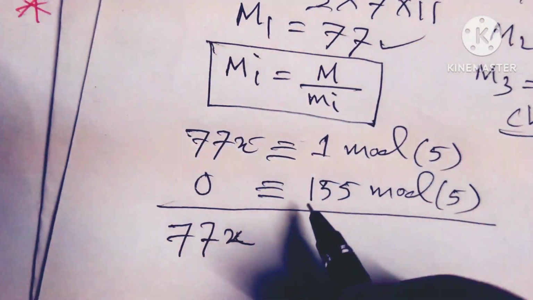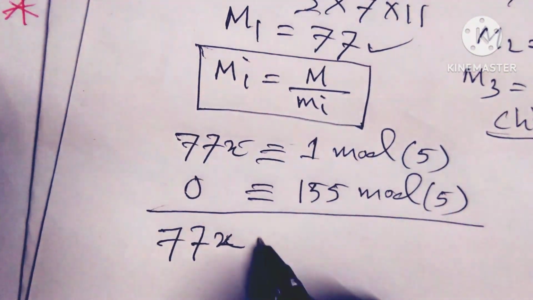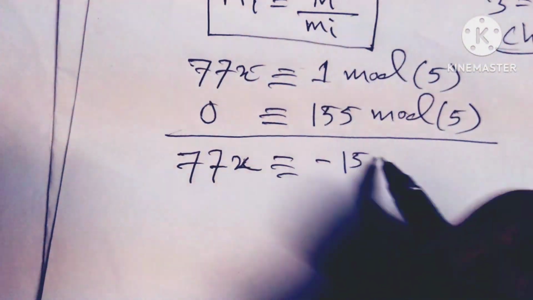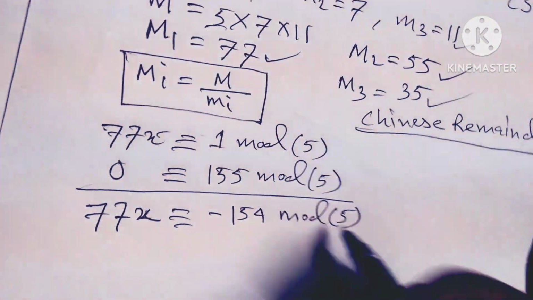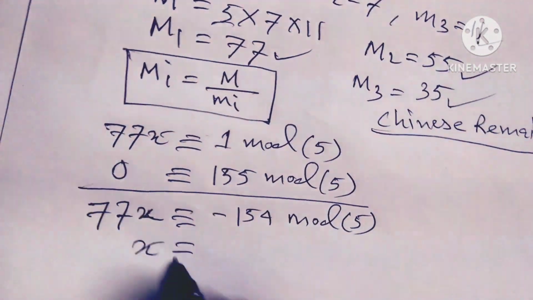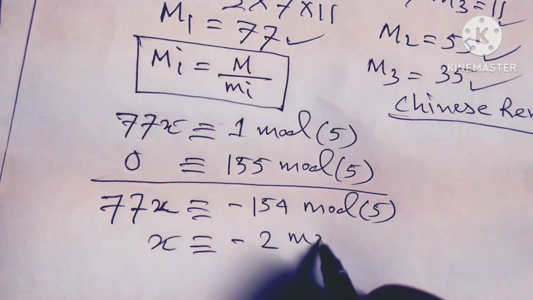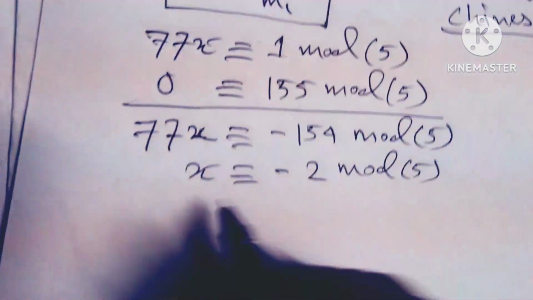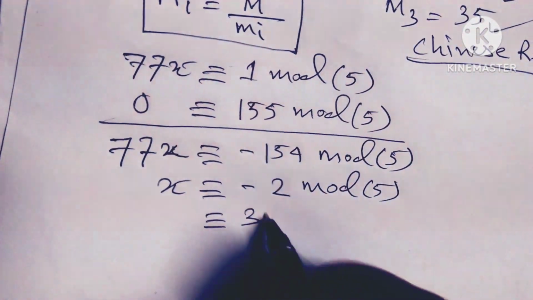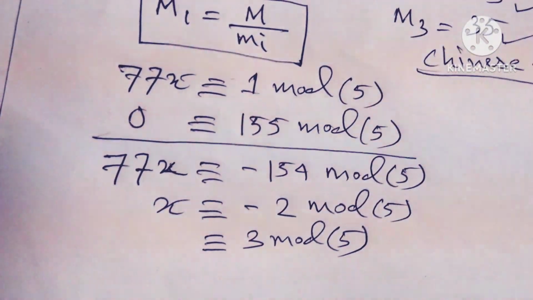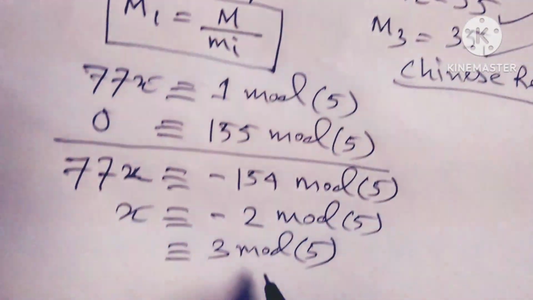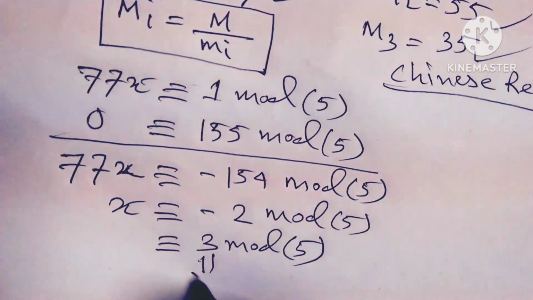So 77x is congruent to minus 154 mod 5, x is congruent to minus 2 mod 5. So x is congruent to 3 mod 5. So I get the solution x1 equals 3.